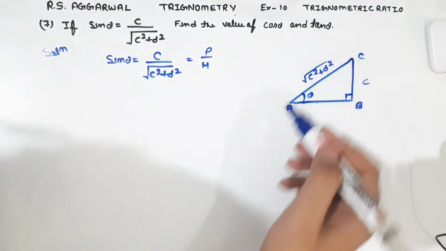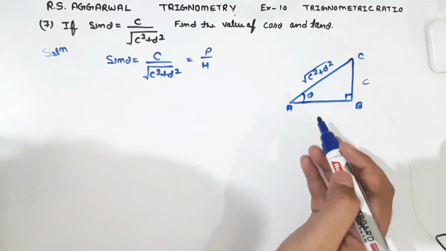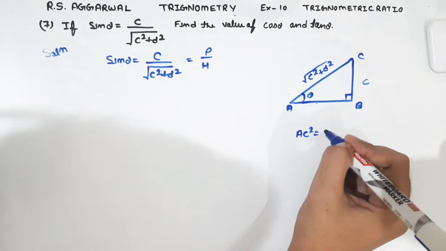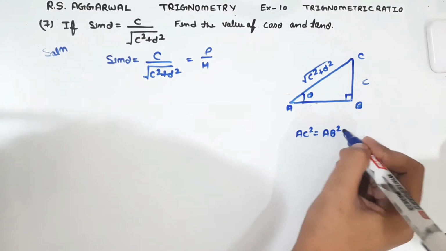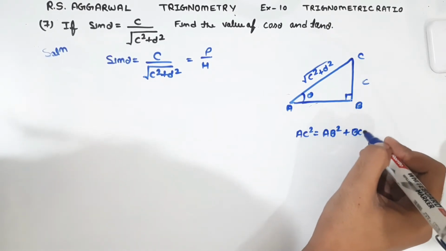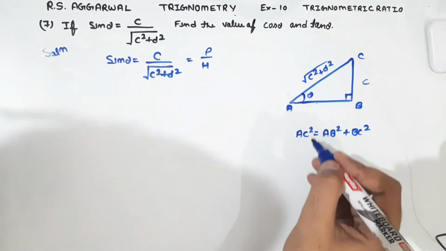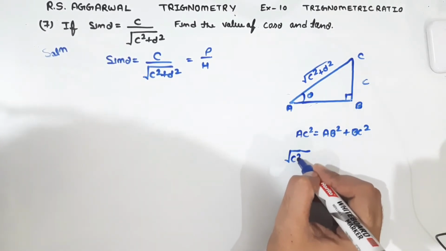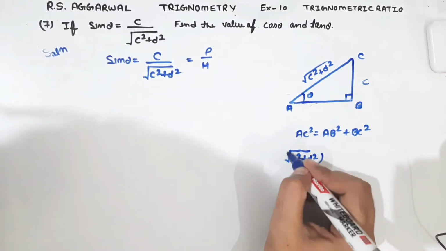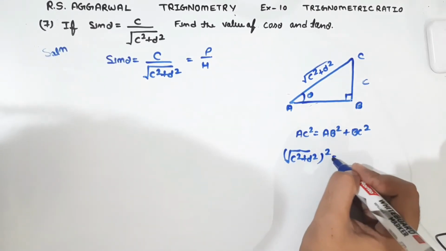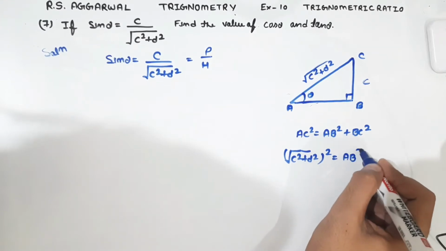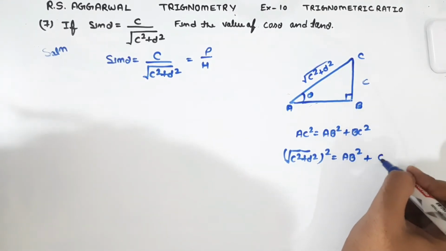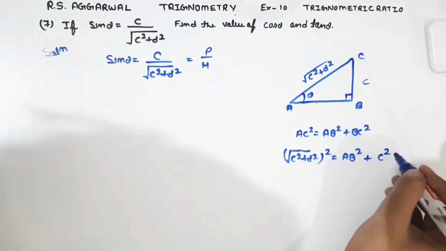So in this right triangle we know that AC square will be equals to AB square plus BC square. So here AC is under root c square plus d square whole square equals to AB, we have to find AB, plus BC square, BC is C, so C square.